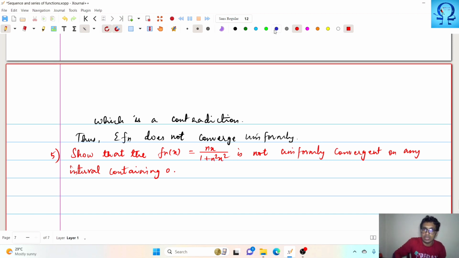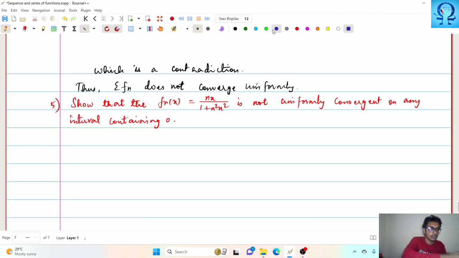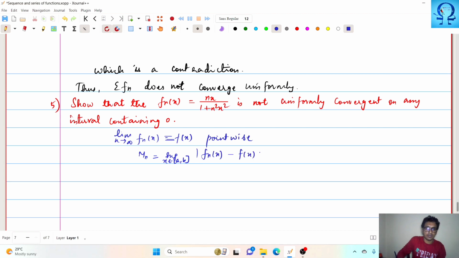Here the result that we are going to use is: suppose limit n approaches infinity, fn of x is f of x pointwise, and we let Mn be the supremum of the difference fn of x minus f of x over the given interval.